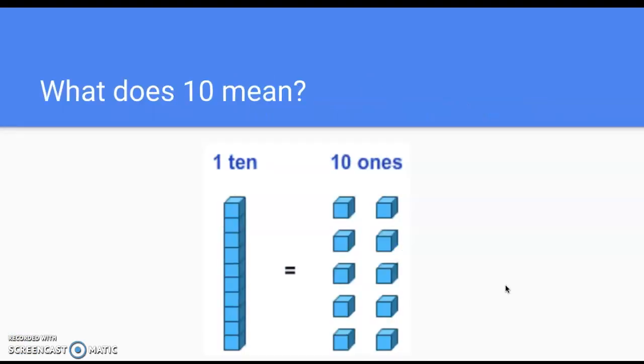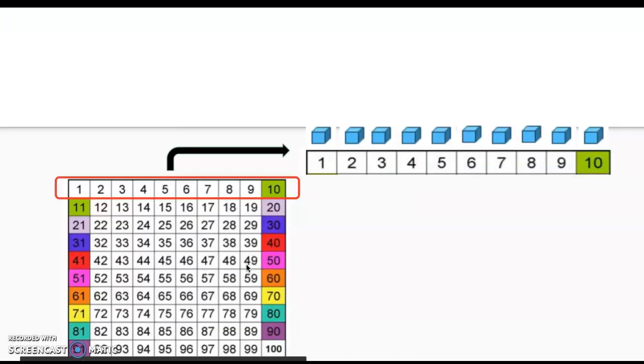All right, let's go over what 10 means. If we are using base 10 blocks, we can think of 10 as being 10 ones. I have 10 ones on the right, and if I were to stack them all up on top of one another, it would look like this and make a 10. We also said that on a hundreds chart, we see that first row that goes 1 to 10.